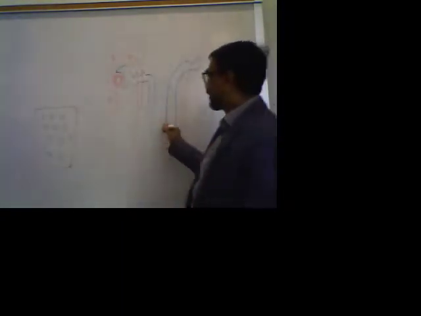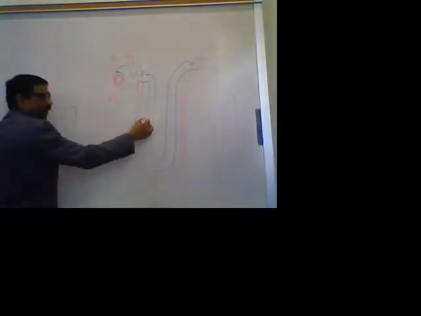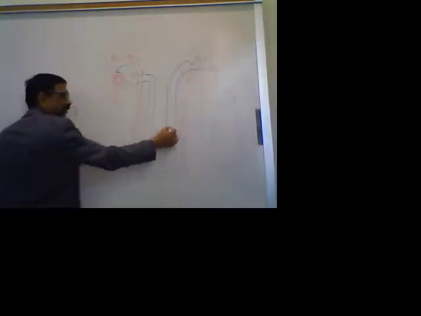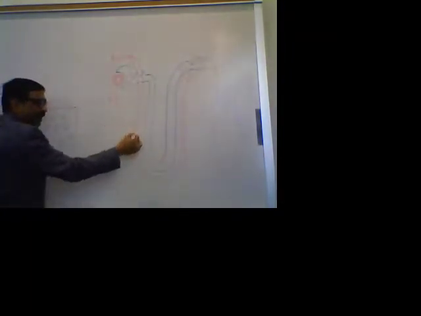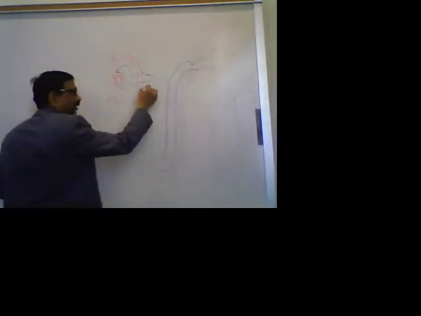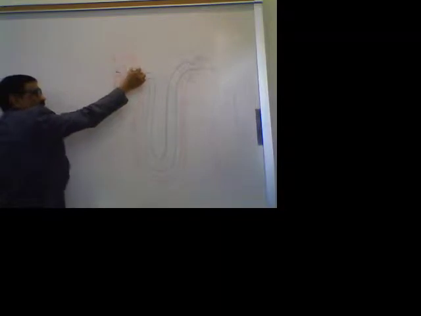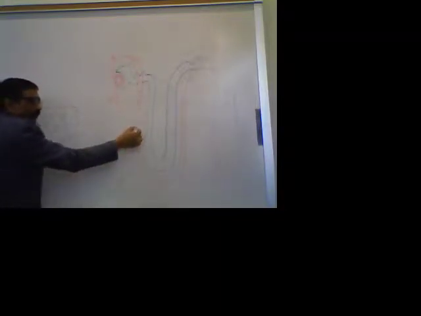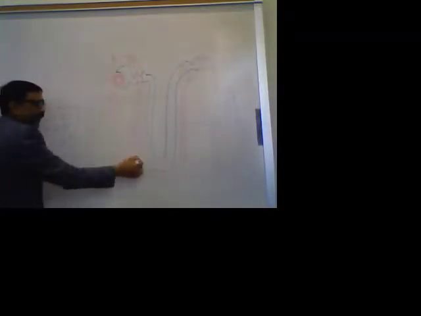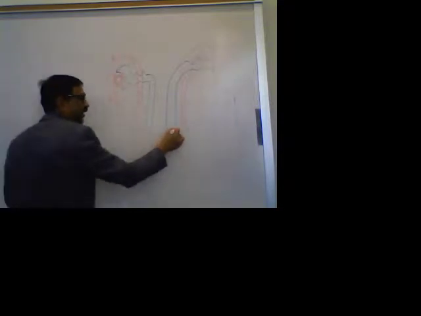So this is the loop of Henle, that means the nephron, and this is the blood vessel. This efferent arteriole forms the capillary. So from here it becomes a capillary that is called Vasa Recta.